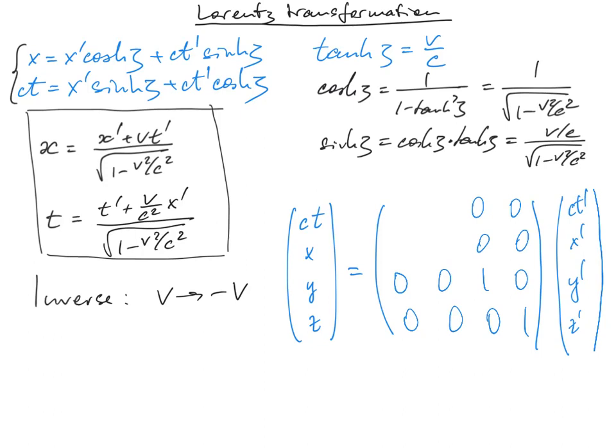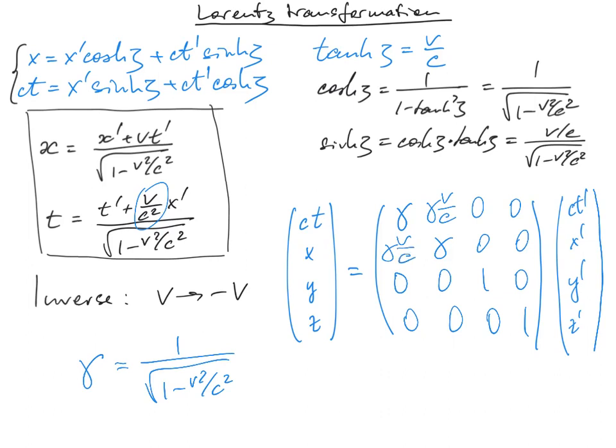Now it's conventional to introduce the notation gamma as 1 over square root. So because we're writing for ct, we're going to have gamma here, and then for the time here, we're going to have gamma v over c, and there's a gamma v over c here. So this transformation matrix, we can call it L, encodes the transformation from k prime to k.